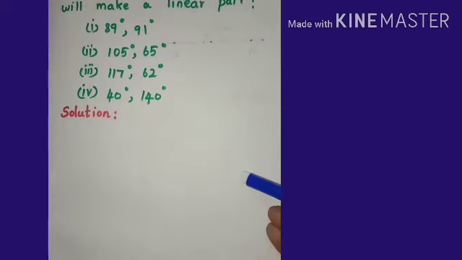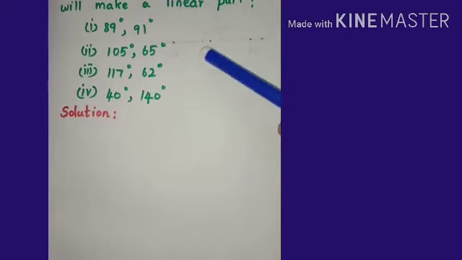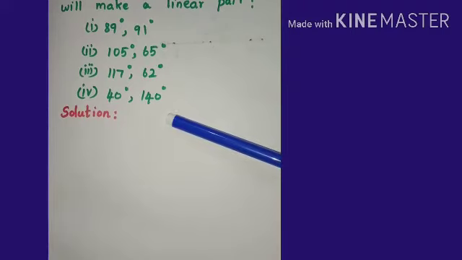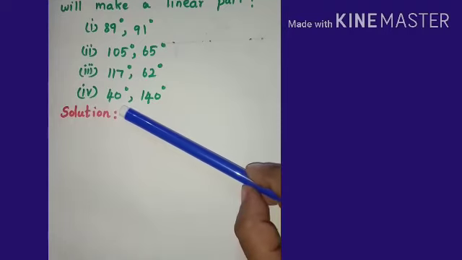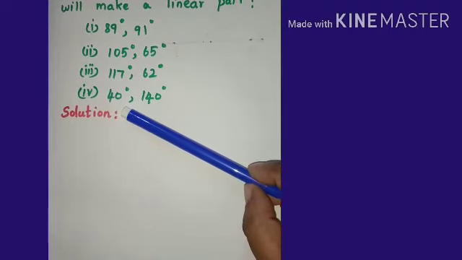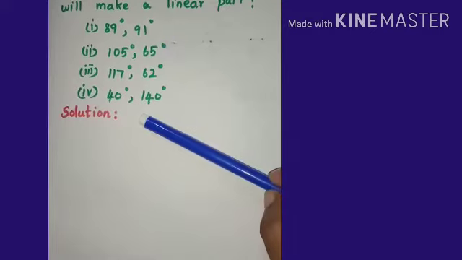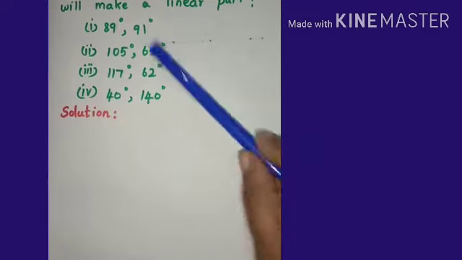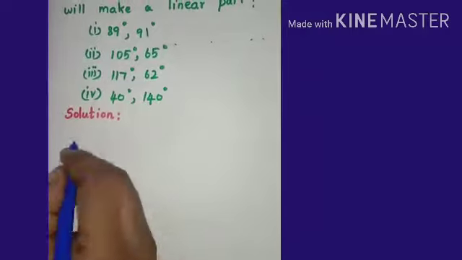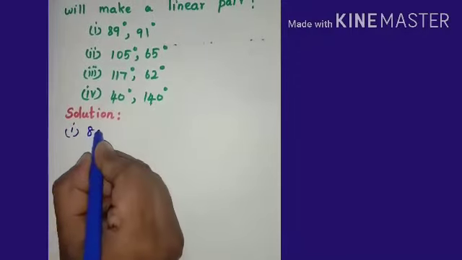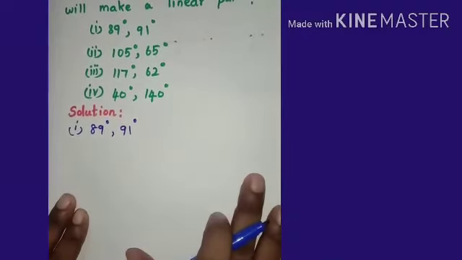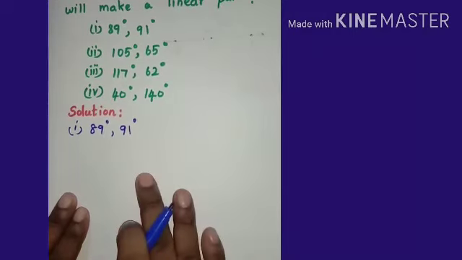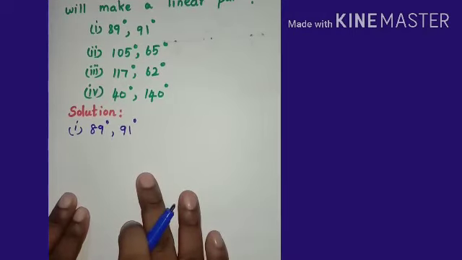Students, example 5.3. Which of the following pairs of adjacent angles will make a linear pair? Here are the given pairs of adjacent angles, and we have to find which pair will make a linear pair. First, let us take 89 degrees and 91 degrees and find whether it makes a linear pair. What is a linear pair of angles? Adjacent angles that are supplementary lie on a straight line, and this pair of angles is called a linear pair of angles.